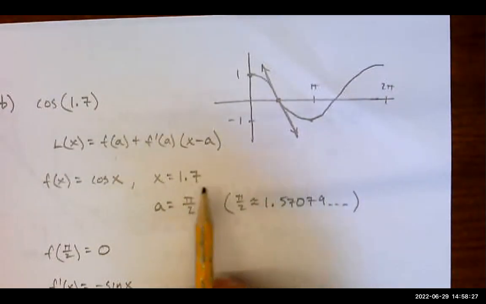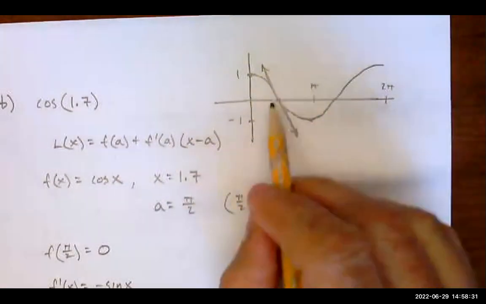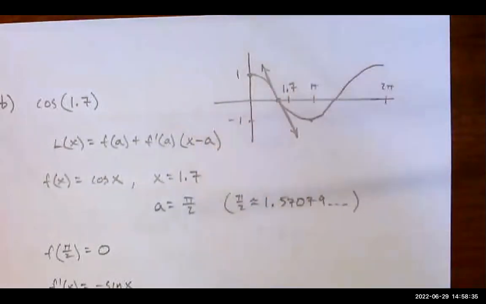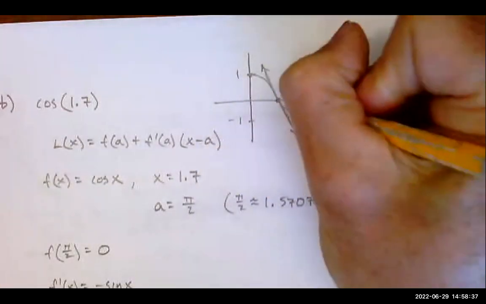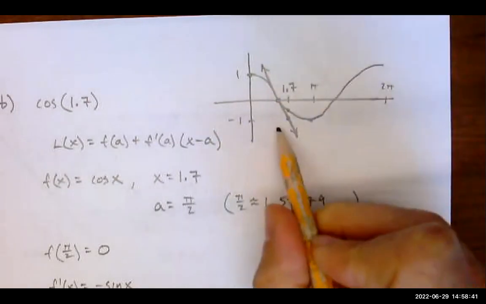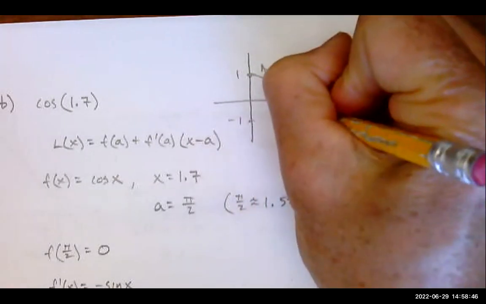The x value was at 1.7. Pi over 2 was at 1.57, so 1.7 is just a little bit to the right, which tells us that our tangent line is below the actual value on the curve.